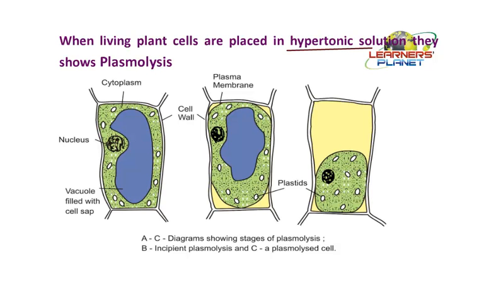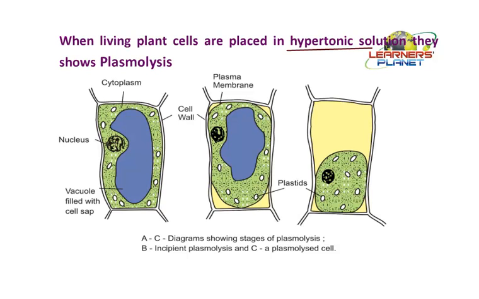Such shrinking is observed in plant cells also, but the phenomenon shows a slightly different trend. When the cells are observed under the microscope, we can see the difference. When these cells are placed in the hypertonic solution, the inner water is high. Now you can see this vacuole here. It is so spongy, so turgid.